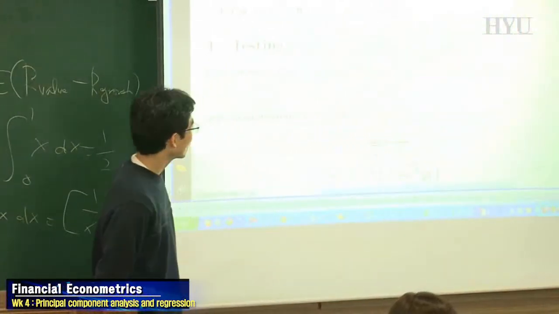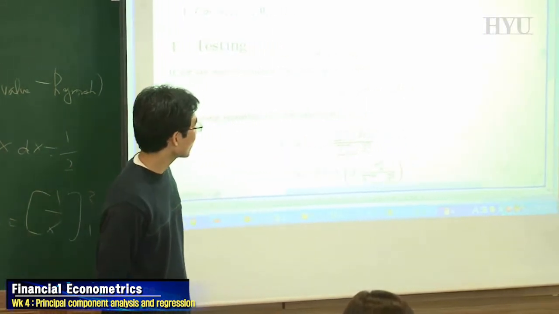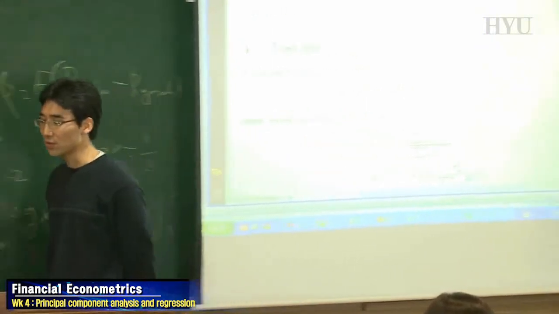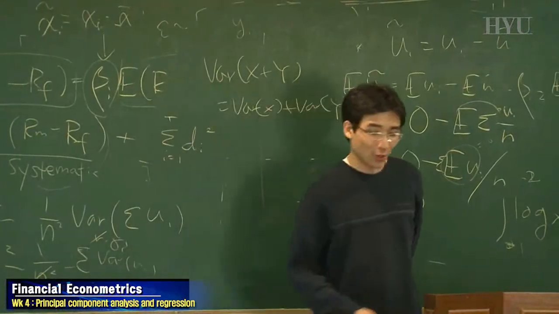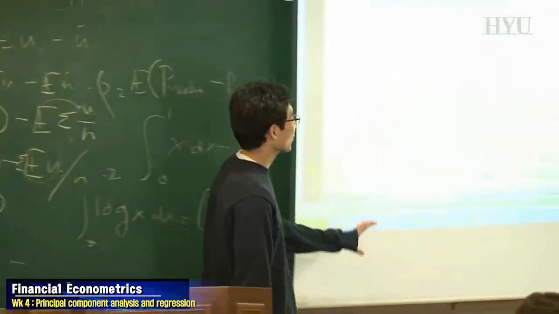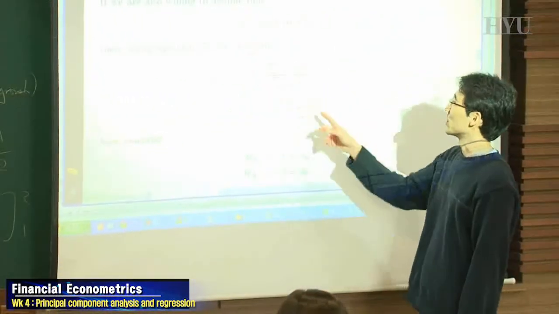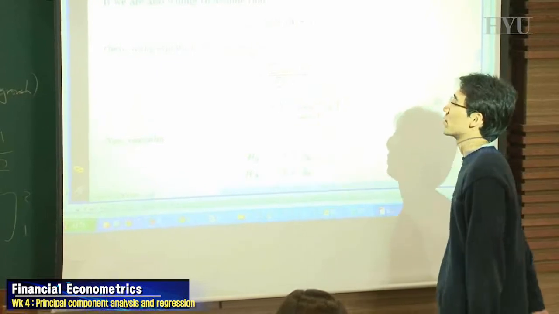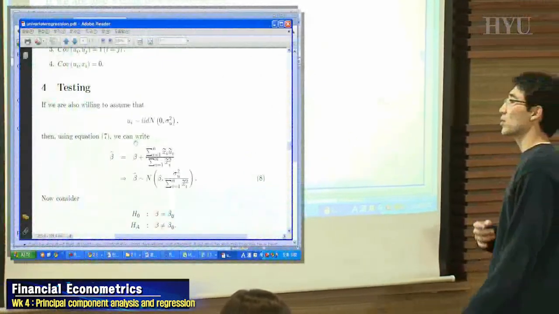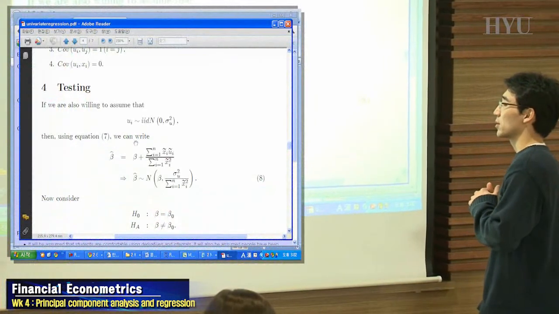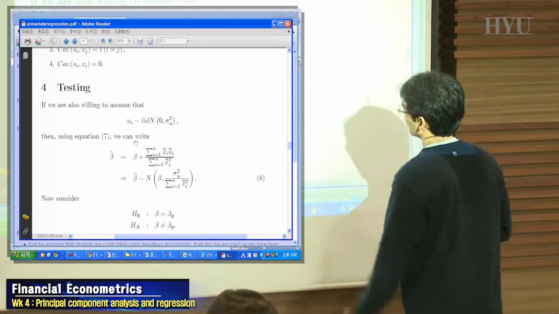Since ui is all normal distribution, therefore beta hat basically looks like this. The mean of this one is 0, and the variance we already completed over here. So beta hat has a normal distribution with mean beta and variance this time.